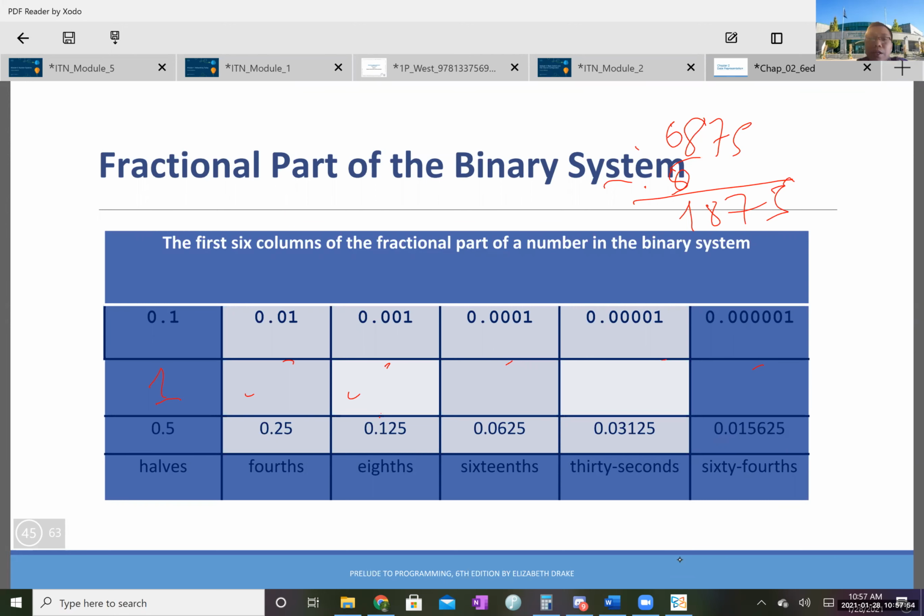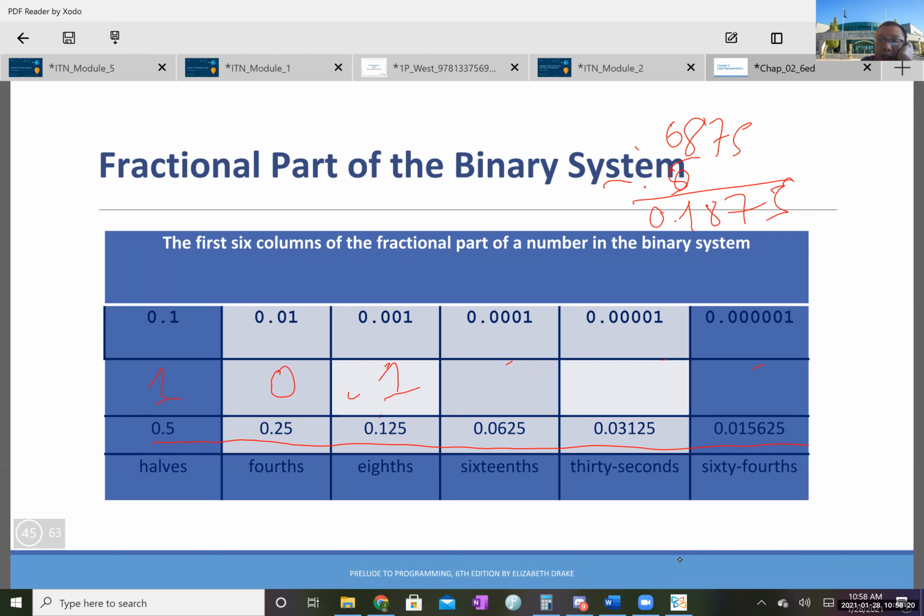You move to the right here. For this one, you have to compare to this one here, right? 0.1875 is less than this one, so you put 0 here, right? So now move to the right again. You compare to this one, 0.125. 0.1875 is greater than that, so you put the number 1 here, right?